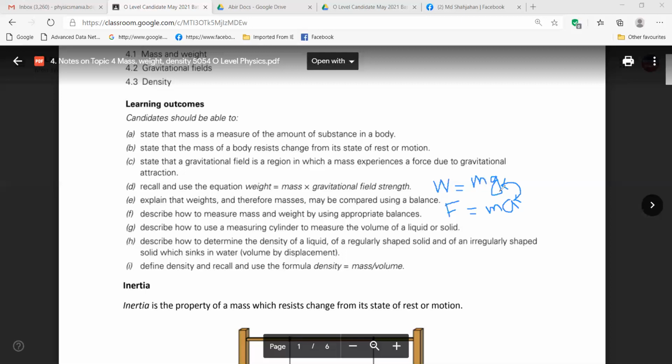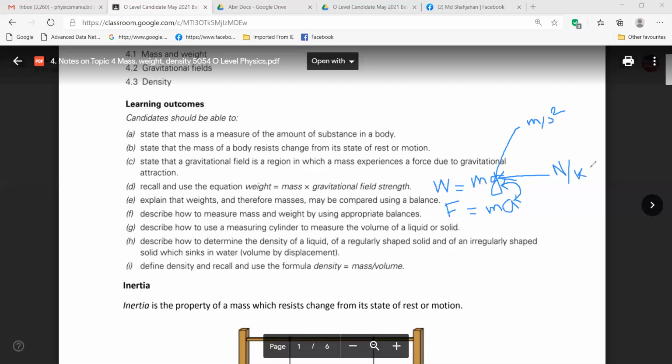So we are getting acceleration of free fall if the object is in motion, falling down. That time we are getting the unit meter per second square. And now the object is static. That time the gravitational field strength we are getting, its unit is Newton per kg.